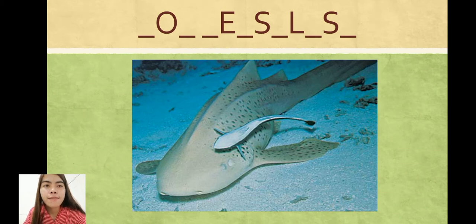Just keep your answer, and along the video, you will learn the correct answer for each picture. Okay, so listen carefully, use your notes, and take note of the most important information that you will learn in this video. This will give you a hint about our topic for today.